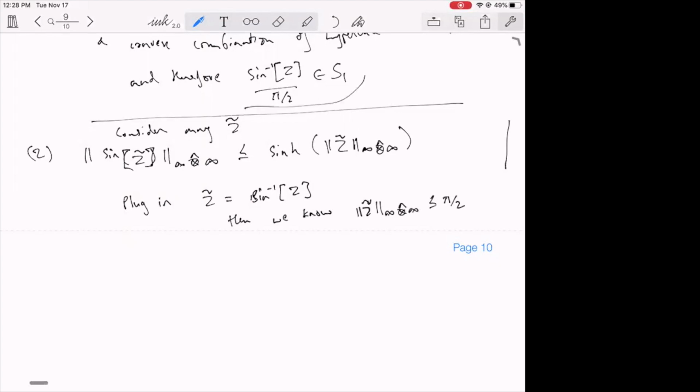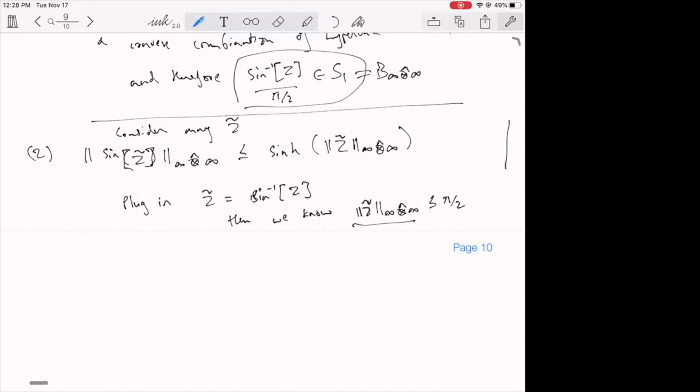Because of this fact I mentioned above, once you divide it by pi over 2, it's in the unit ball of the projective tensor norm. So the projective tensor norm of this without the normalization, Z tilde equals sine inverse Z, is at most pi over 2.